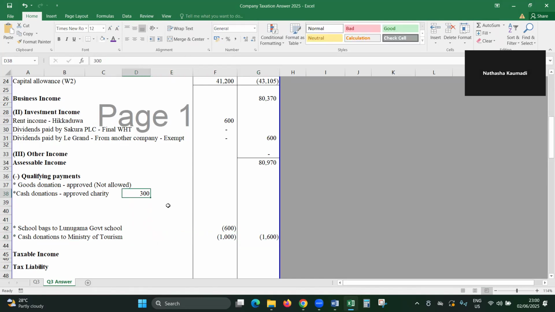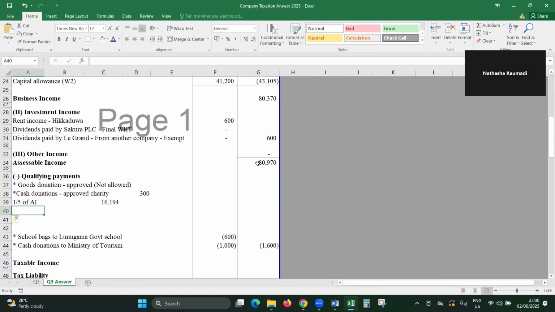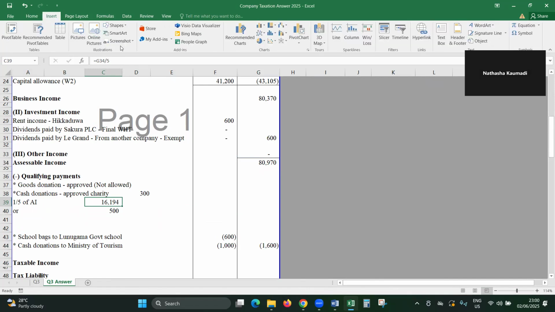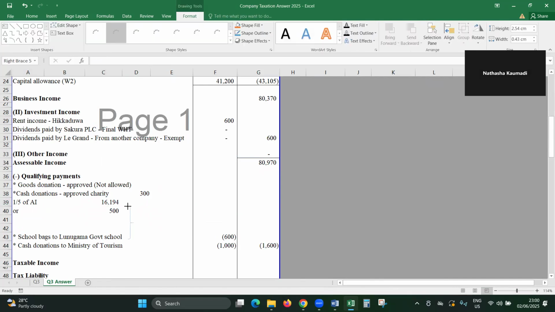But when we take cash donations to approved charity, 300, we have to compare. What is the first one? 1/5 of the assessable income. How much is that? Assessable income divided by 5 is 16,194. What is the minimum level? 500,000. So I write 500,000. From these two, what is lower?